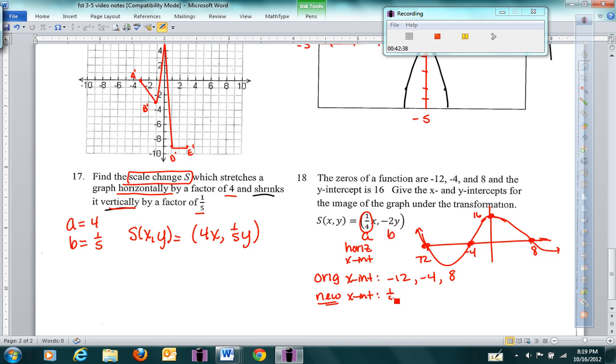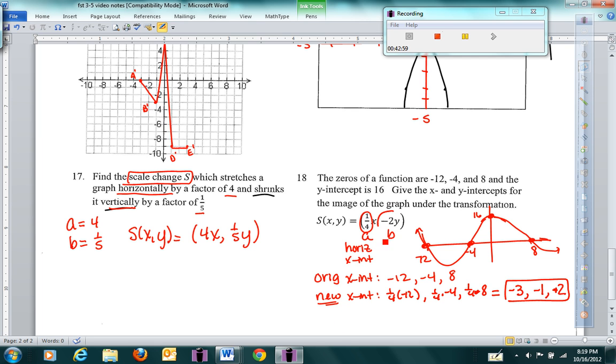So 1/4 times negative 12, 1/4 times negative 4, and 1/4 times 8. So they are going to be at negative 3, negative 1, and negative 2. Wait a minute, that's a positive 8. So I'll do positive 2. Okay? So those are our new x-intercepts.